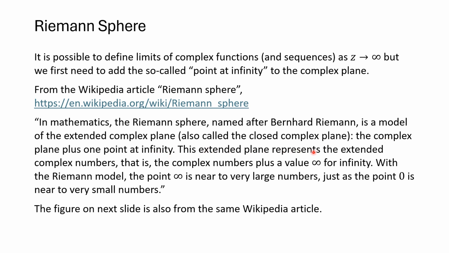This extended plane represents the extended complex numbers, that is the complex numbers plus the value infinity. With the Riemann model, the point infinity is near to very large numbers, just as the point 0 is near to very small numbers. So that's the Riemann sphere. The reference here in Wikipedia will give you a little bit more information. I'm going to go through some further details on the next slide.